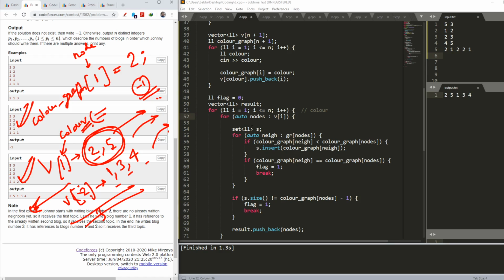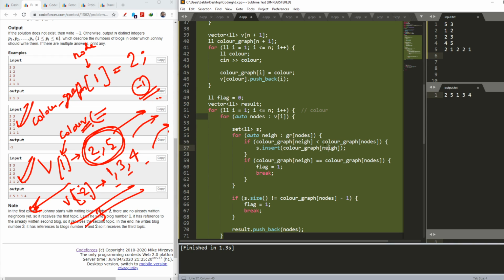Then I had my set, although you can use a frequency array or an ordered map also, but I used a set. Then I had the neighbors of the particular node, and I used the graph for that. Then I will check if the reference of the neighbor, color graph of neighbor, is less than the reference of the node.